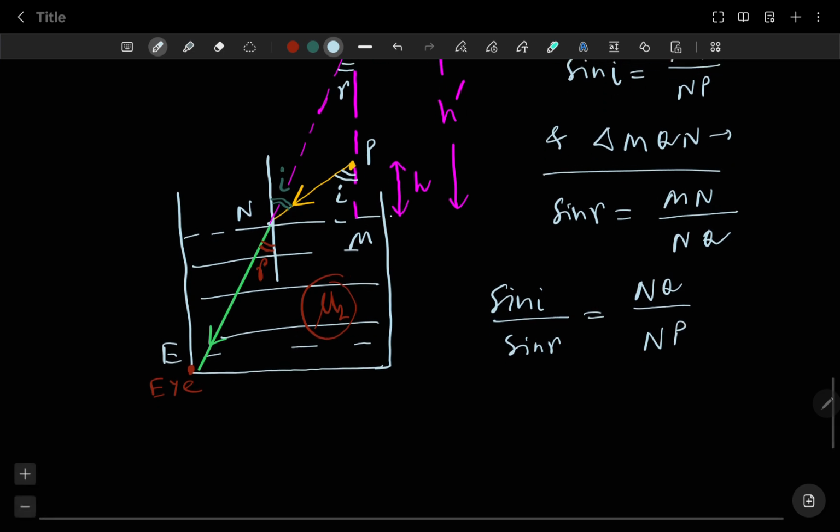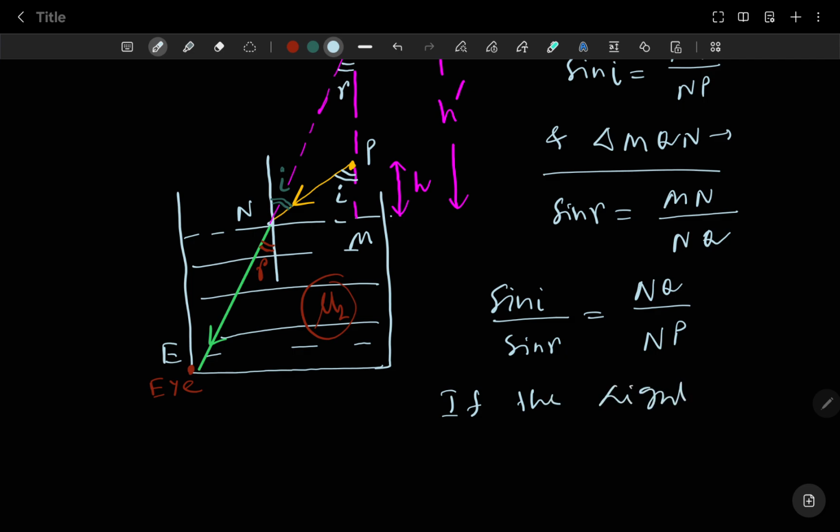Now if the light ray is not very oblique, then obviously point M and point N will be very close to each other. If you take the eye exactly below the object, then the light ray will not be very oblique.